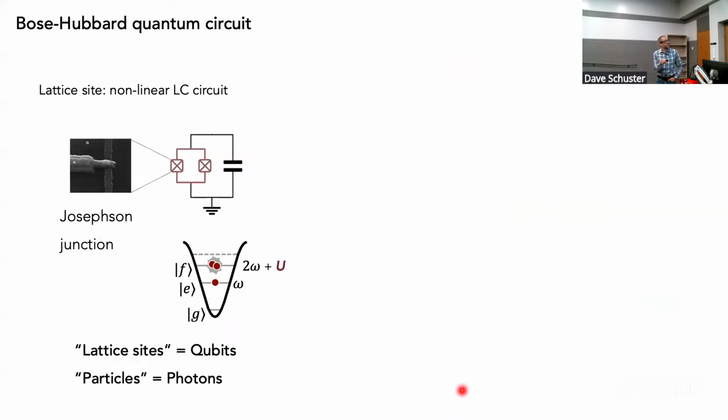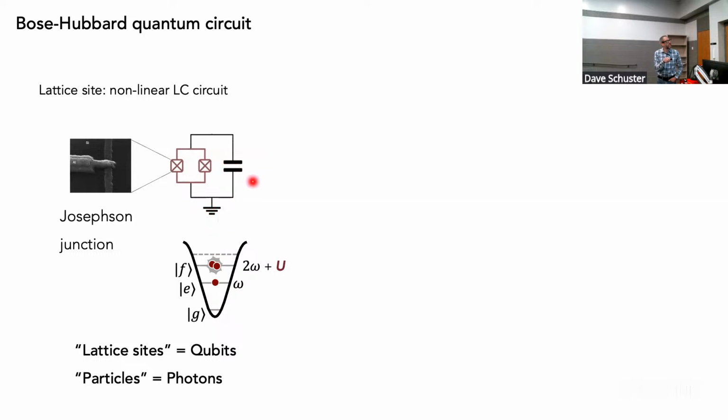First, let me explain what one of those little crosses is. Schematically, it's a circuit that has a capacitor and a Josephson junction. The Josephson junction acts almost like an inductor, but it's very nonlinear.